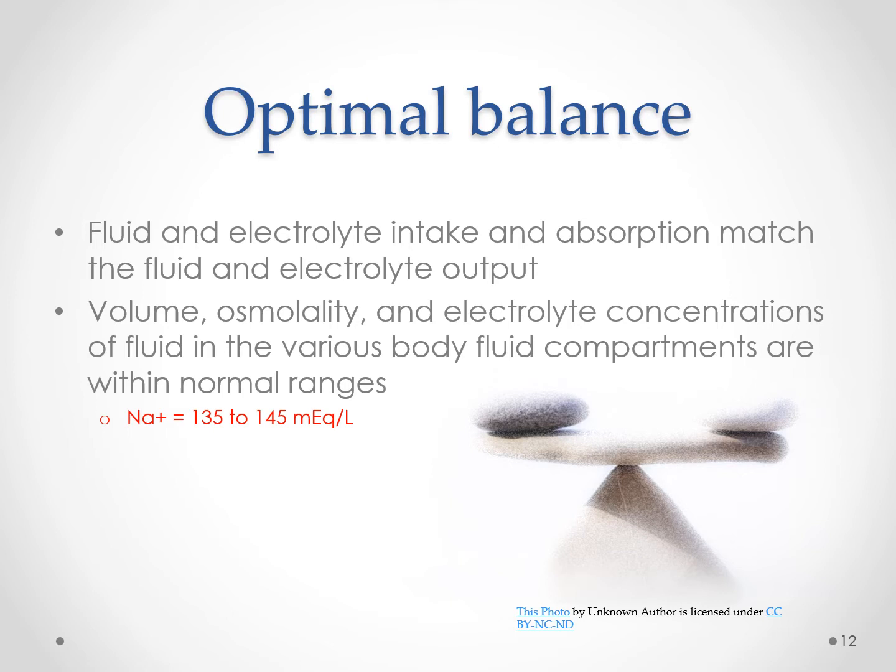Volume, osmolality, okay, we were talking about that word earlier, osmolality, and electrolyte concentrations. So the volume, osmolality, and electrolyte concentrations of fluid in the various body compartments are within normal ranges.